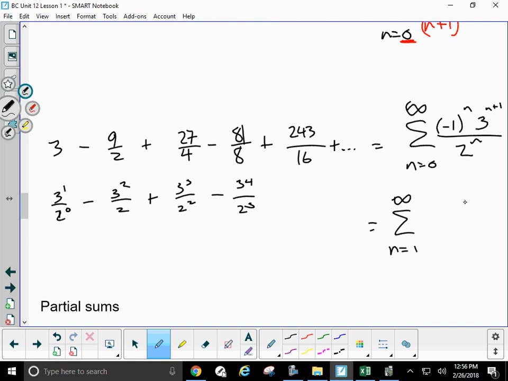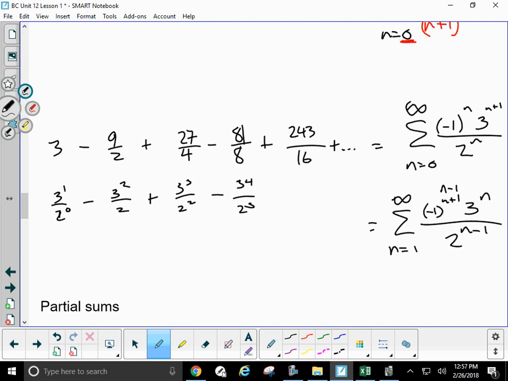It's important to be able to write it multiple ways, n starting from 0, n starting from 1. Okay, it's -1 to the n minus 1 or n plus 1.